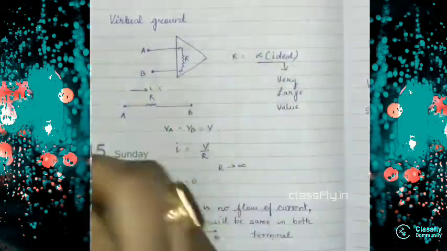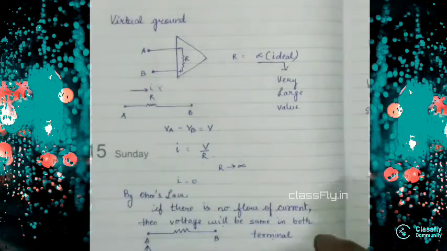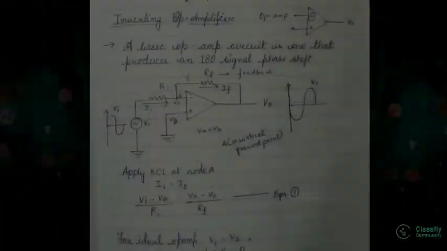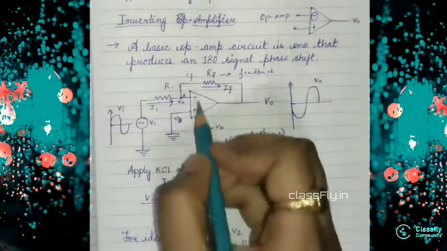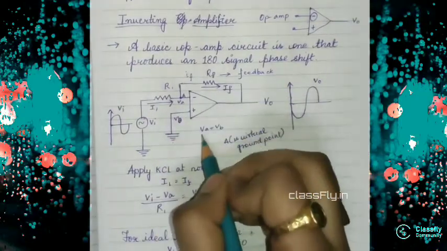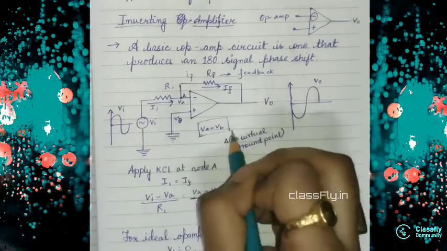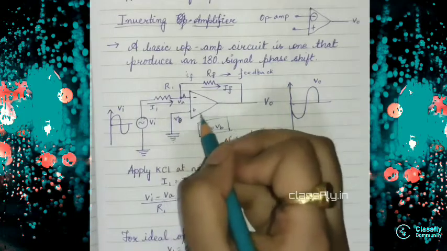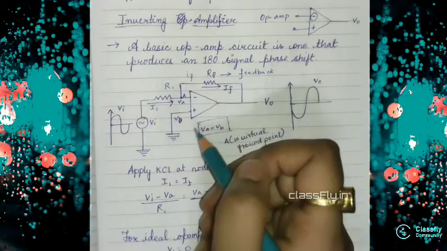That's why, in the inverting amplifier, VB is equal to VA. I have written that VA is equal to VB because, as it is ground, there will be no flow of current, right?